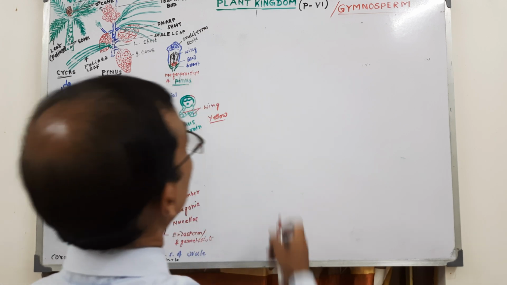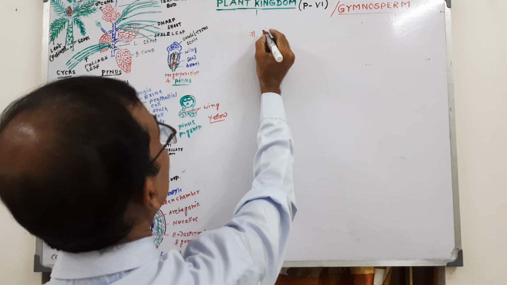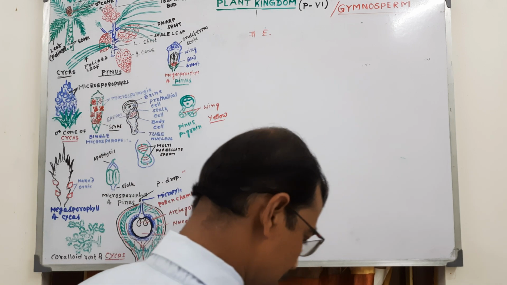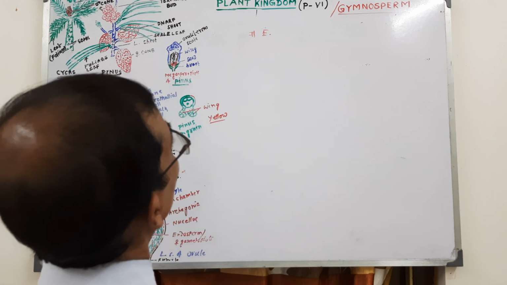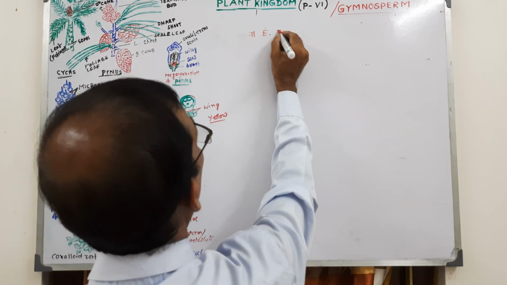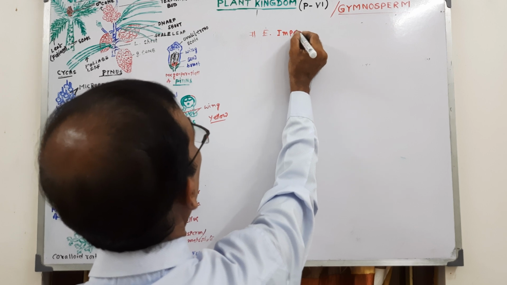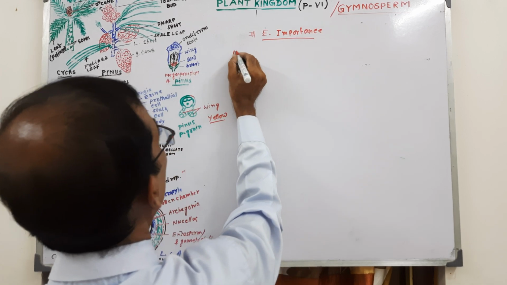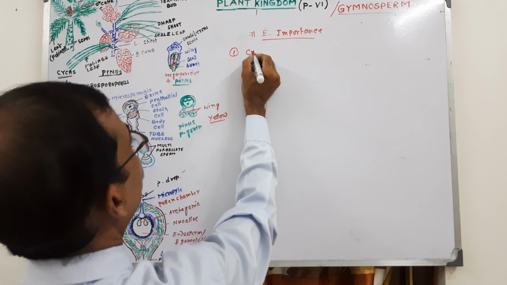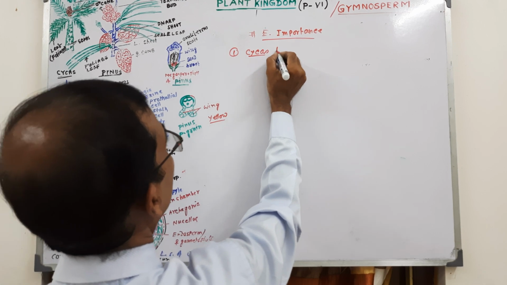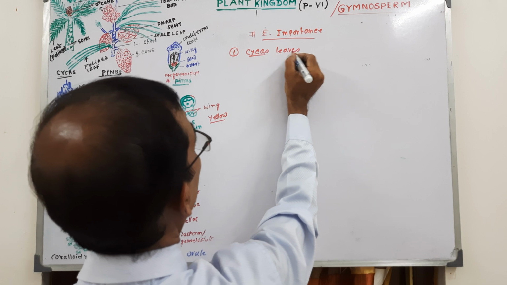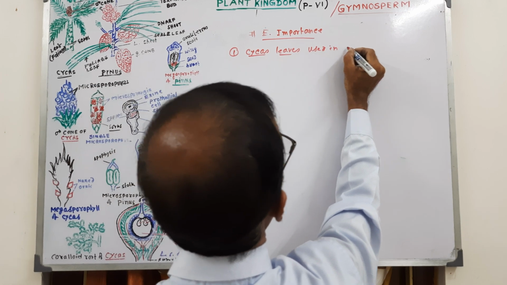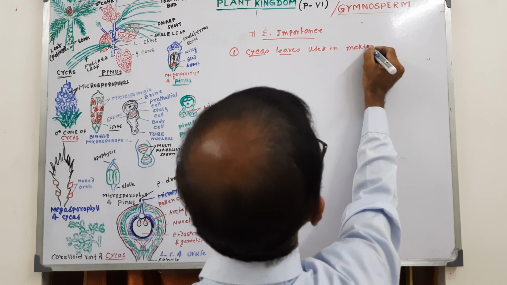First point, economic importance. Number one, Cycas leaves are used in making mats.